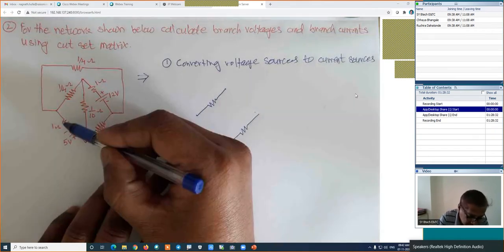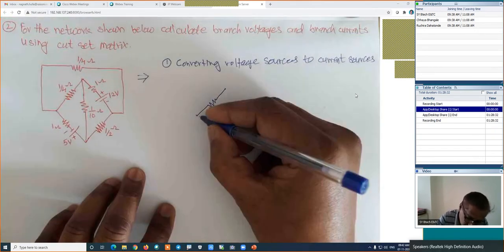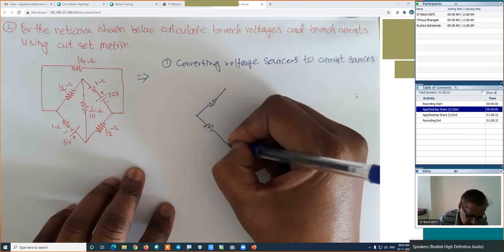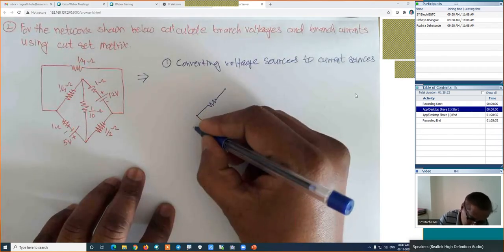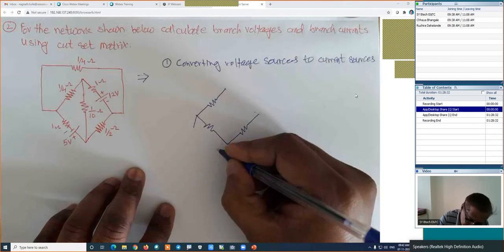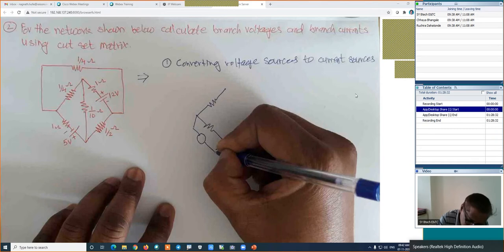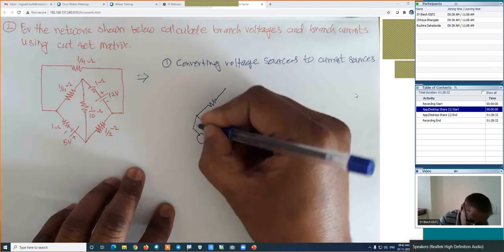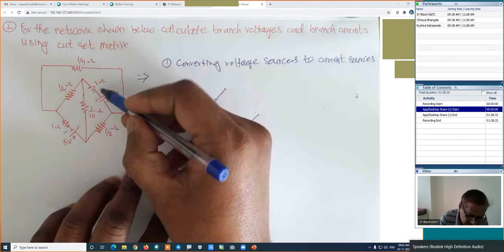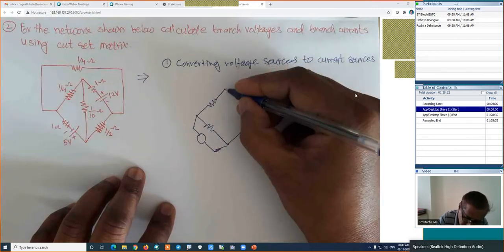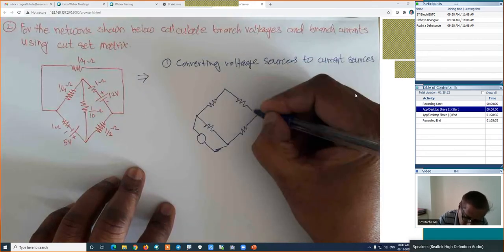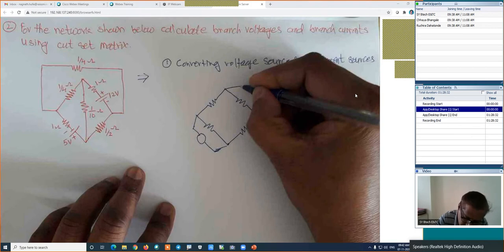Here, this voltage source I will convert into the current source. This is the voltage source which I will convert into the current source. Its conversion is something like this. I will discuss this conversion later on. At the same time, I will convert this voltage source into the current source, that voltage source into the current source again.